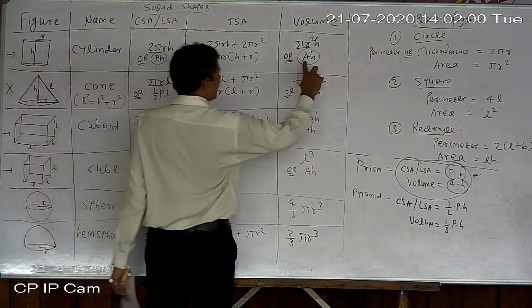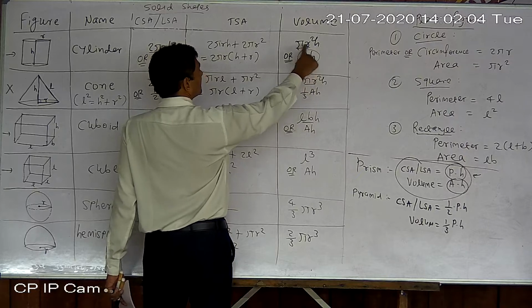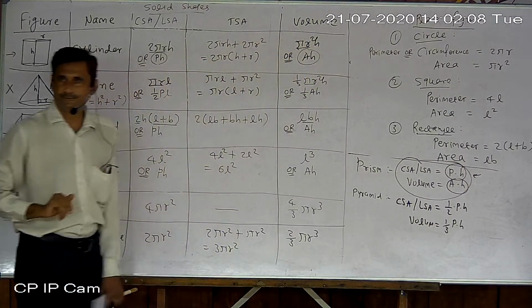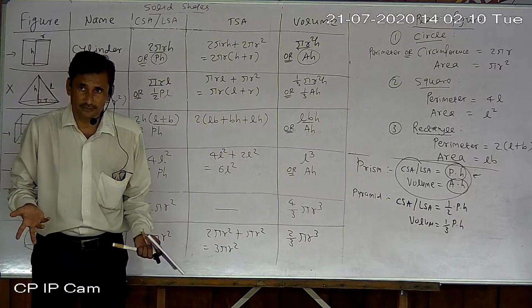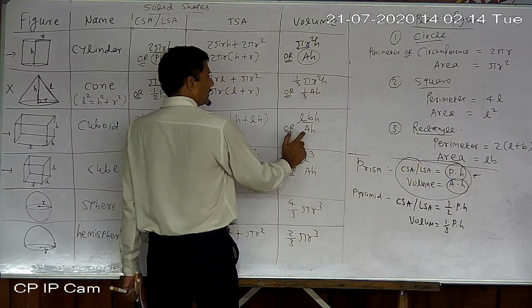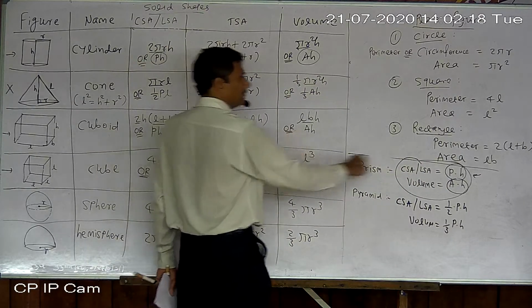So A into H, but A is of a circle, so the circle's area is pi r squared, so it becomes pi r squared h. So that is where pi r squared h came from: that formula only. In the same way, look here, cuboid: area of base is what?